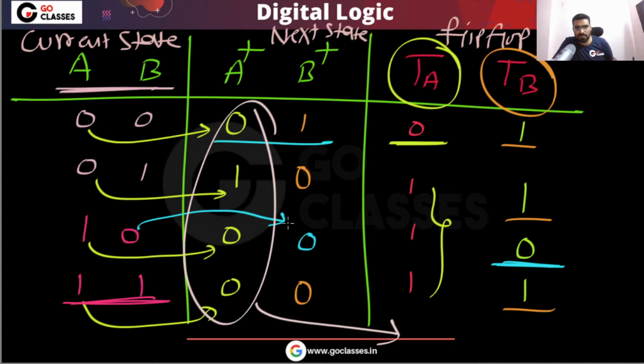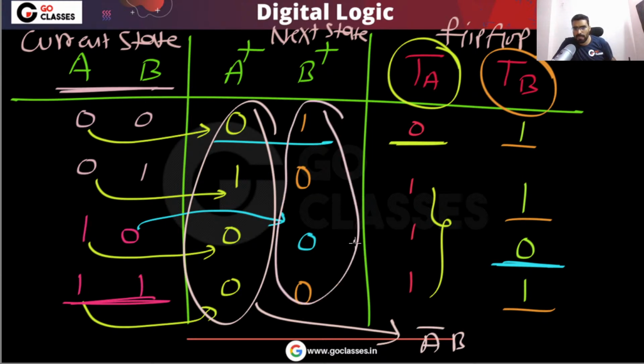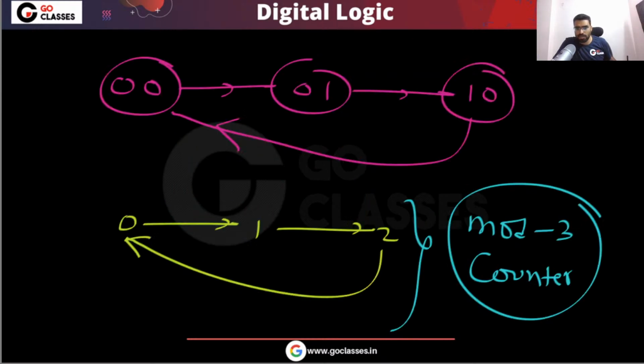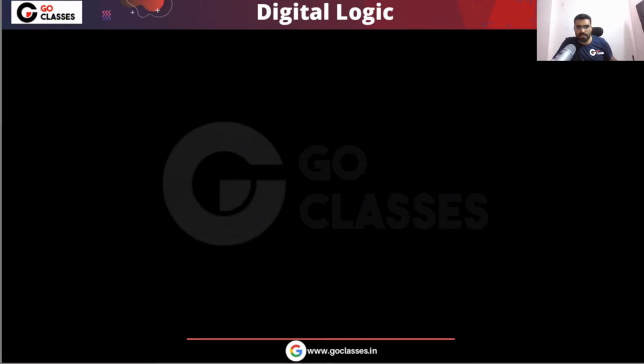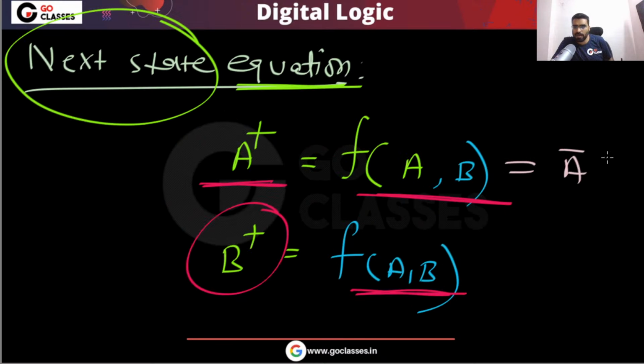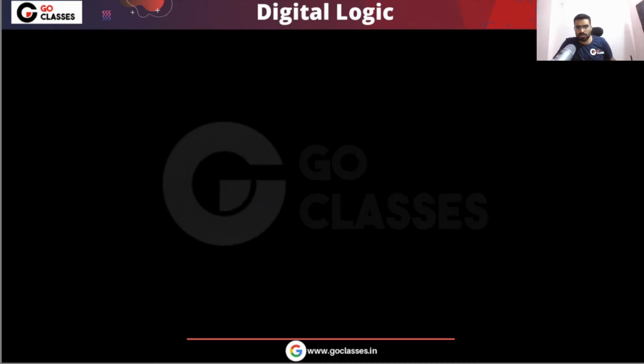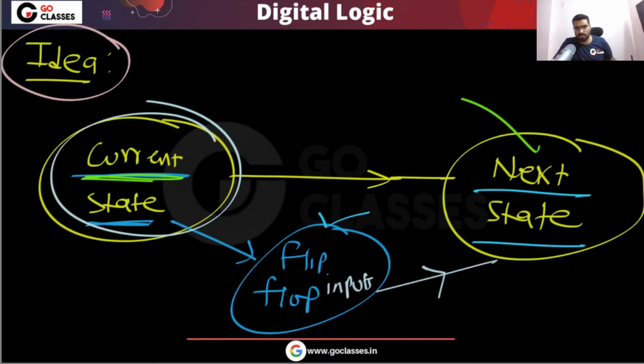This A plus will be A bar B. And what will B plus be? This B plus will be A bar B bar. This is your next state equation. Is this clear to everyone? So this is the complete analysis of this previous question.